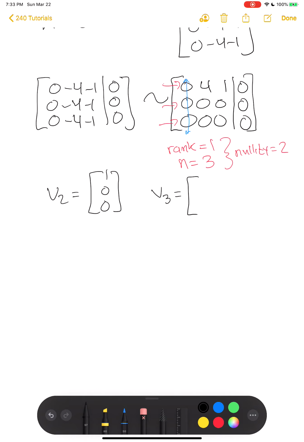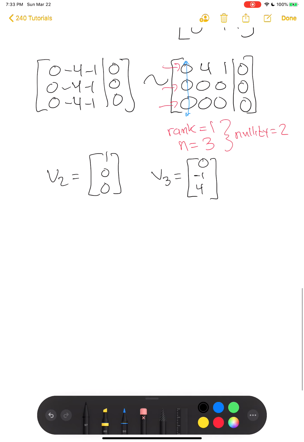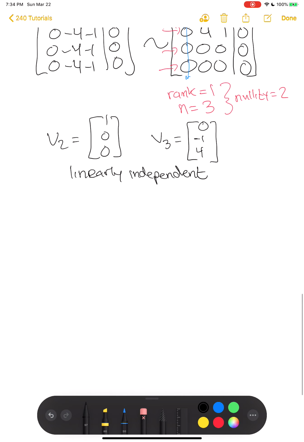It takes a little bit more work, but we can just make it 0, -1, 4, because that also gets sent to 0. And you'll notice since v2 and v3 are not scalar multiples of each other, they're linearly independent, which is great. And there's two of them, so we know that E2 is spanned by 1, 0, 0 and 0, -1, 4.